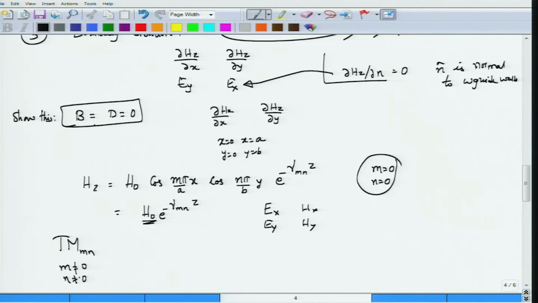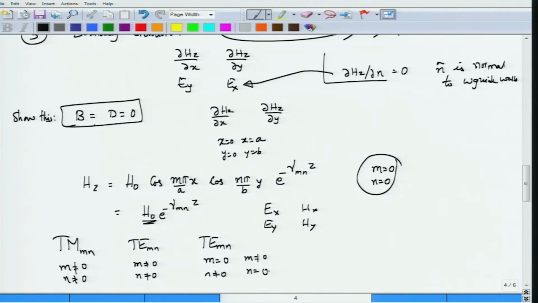For the TE case, the modes will vanish only when both are 0. However, one of them can be non-zero. So you cannot of course have, for the TEmn case, m equal to 0 and n equal to 0. However, you can certainly have for the TEmn case m equal to 0 with n not equal to 0, or the other way around, m not equal to 0 with n equal to 0.